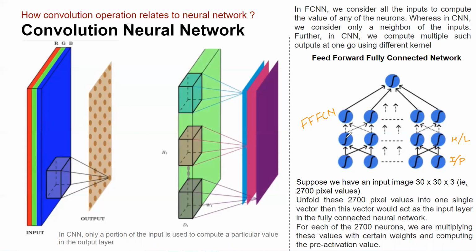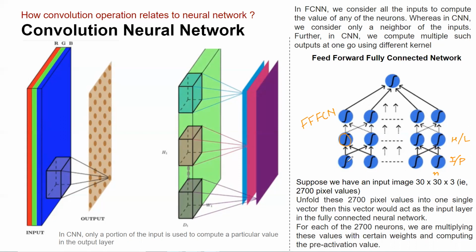Every neuron in this hidden layer is connected to every neuron of the input layer. So if I have a total of n neurons in my input layer, this neuron is connected to n neurons of the input layer.